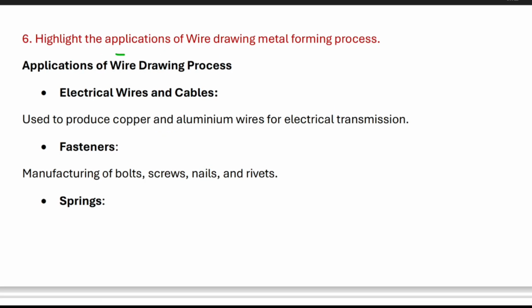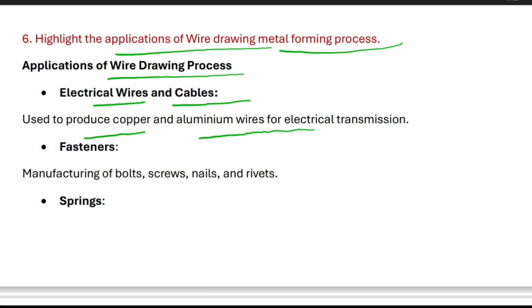Next question, highlight the applications of the wire drawing metal forming process. What are the applications of the wire drawing process? One is electrical wires and cables, produced from copper and aluminum wire for electrical transmission. Fasteners: we can use it for manufacturing bolts, screws, nails and rivets.